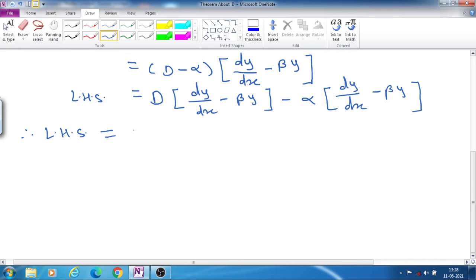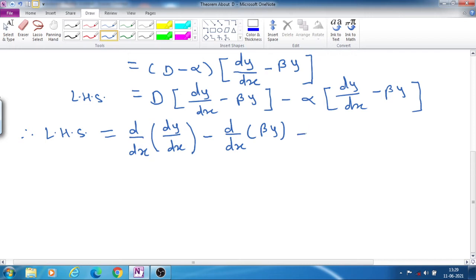Therefore d by dx of dy by dx, and minus D into beta y, therefore minus again d by dx of beta y. So when we operate D, we get these two terms.